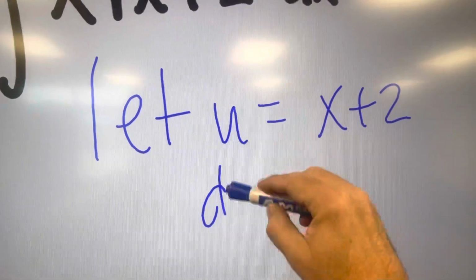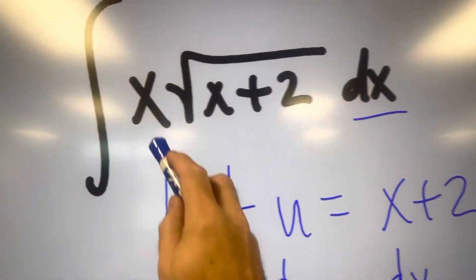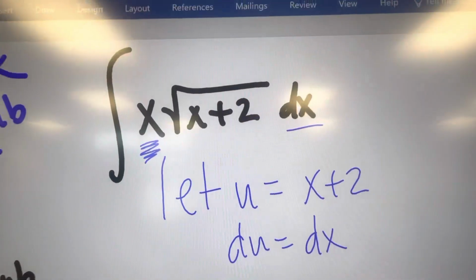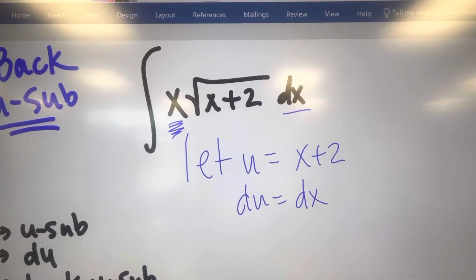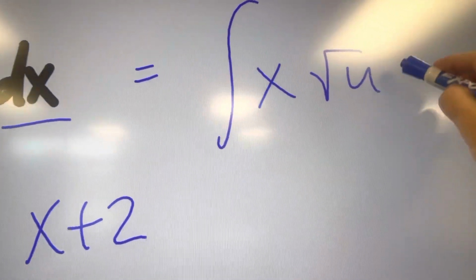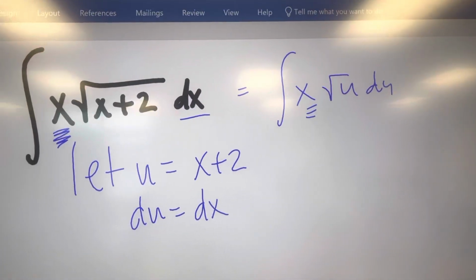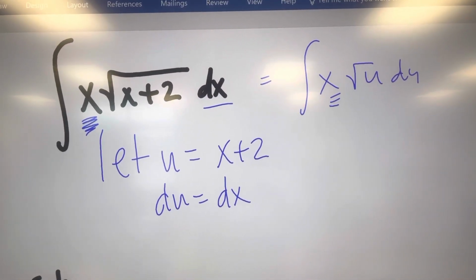But when I find the du, that's just dx, which is just my dx, but I have this extra x in there. So now what do I do? If I did this, it would look like x root u du, but I have that extra x in there. So that's a problem. You can't just delete it or erase it.